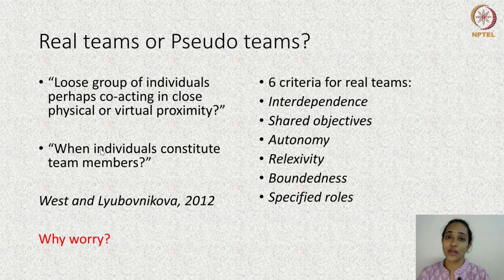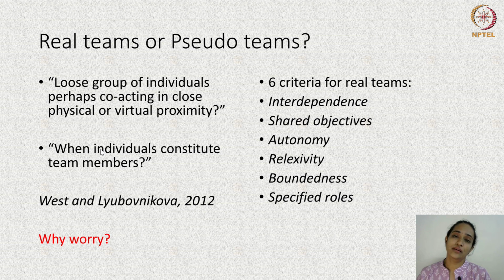Team members should have reflexivity, that is, teams should regularly reflect upon the work that they have done, how they have done that work, and take course correction where it is required. Teams also need to be bounded, that is, this deals with the fluidity of the team membership. If the team membership is continuously changing, members may not even know who are the real team members.